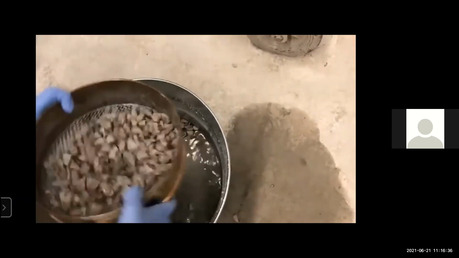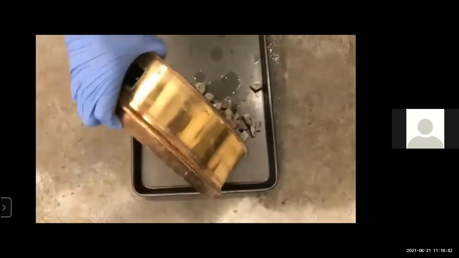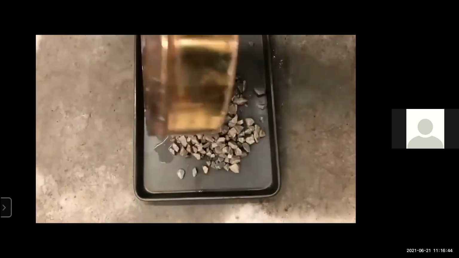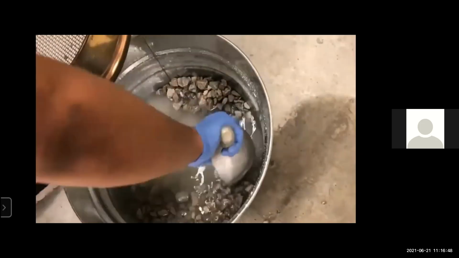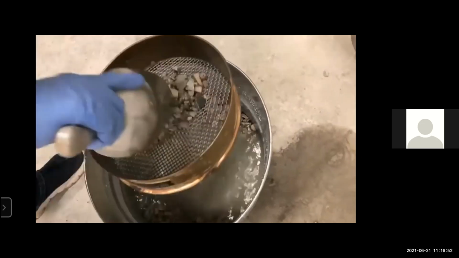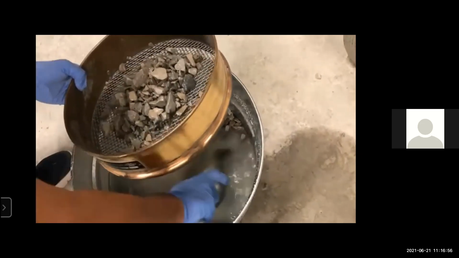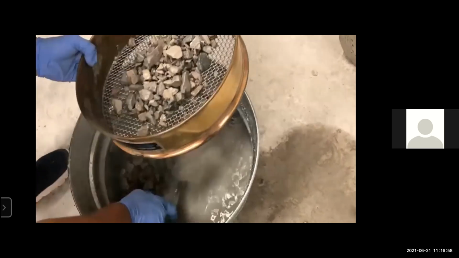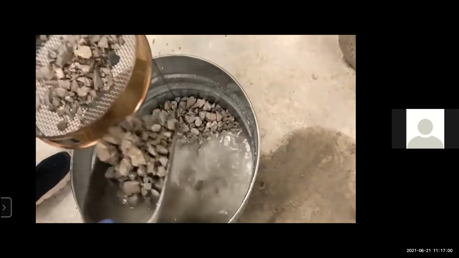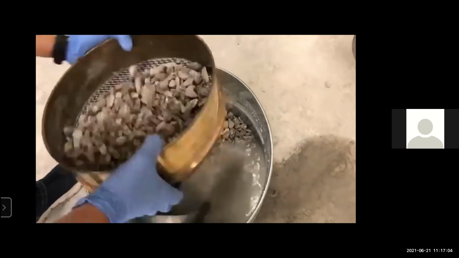So we clean our aggregate from any dust present in it. We first clean all our aggregates with the help of our sieve and these buckets. These are all our clean aggregates.